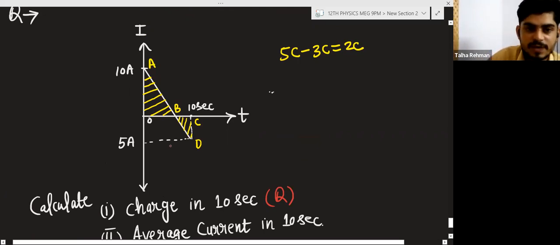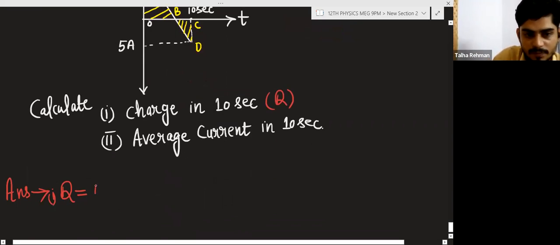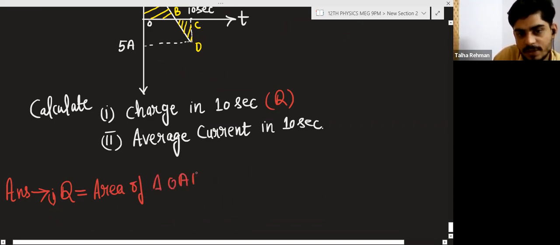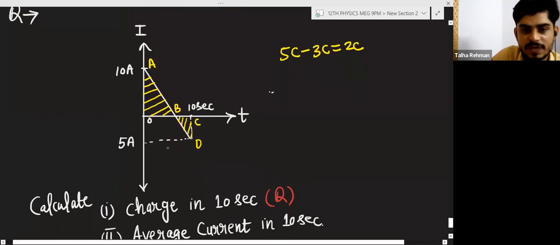So area of triangle OAB plus area of triangle BCD. This is triangle BCD.